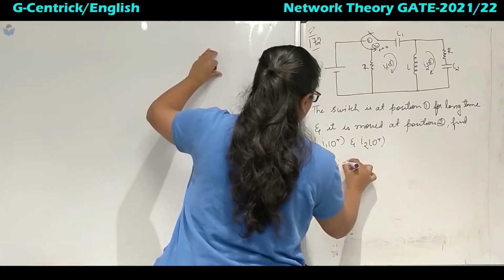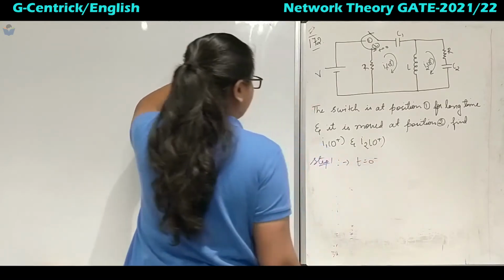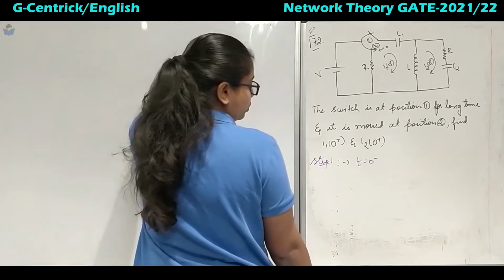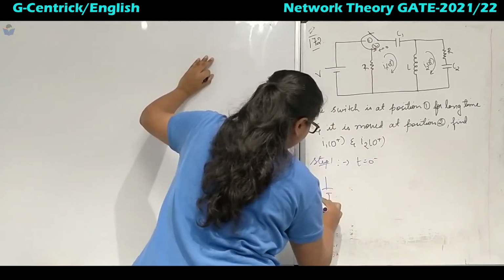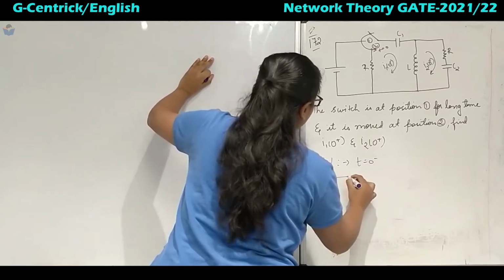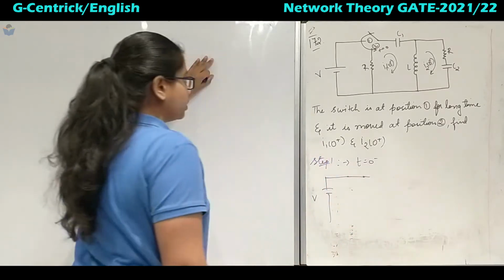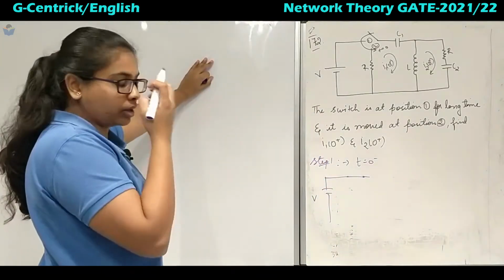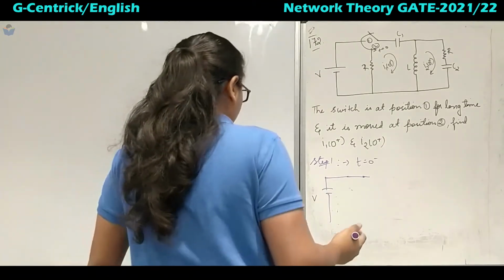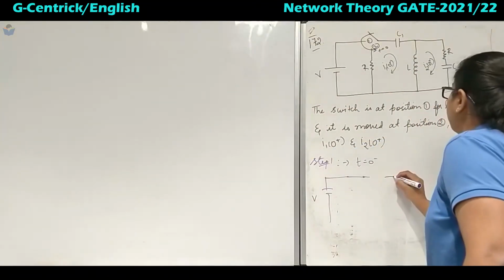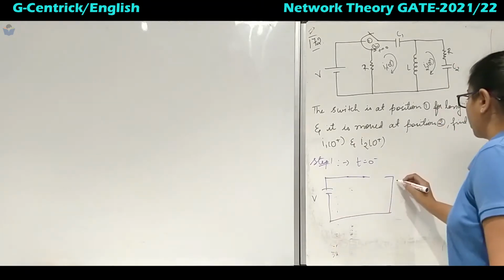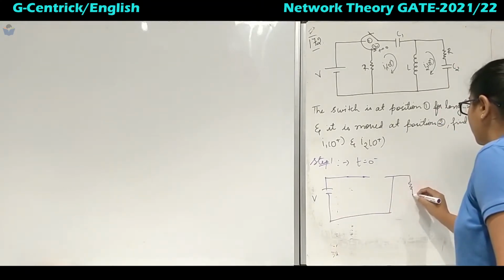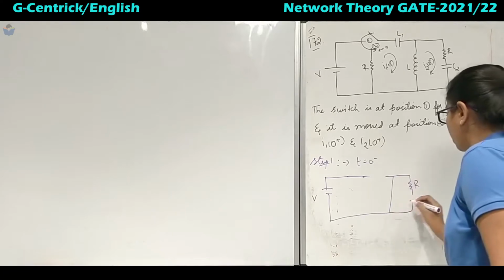Step 1 says at t equal to 0 minus, this switch will be open. So our circuit will be, this is V and this is closed. How does a capacitor with a source behave? It is like an open circuit. So the capacitor will be open, the inductor will be short, and here this R will be open.